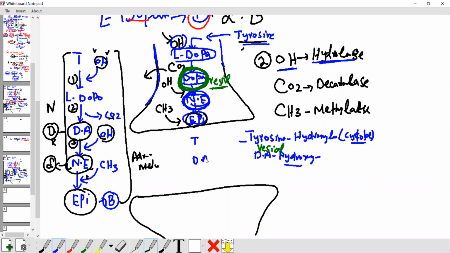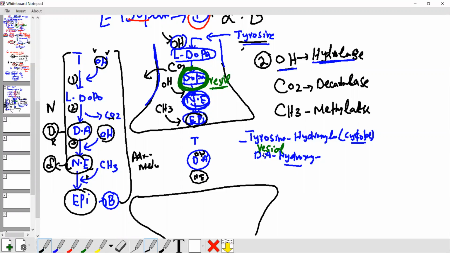This dopamine is inside the vesicle. Inside the vesicle you add another OH, then it changes to norepinephrine. Sometimes the examiner asks this question: one hydroxylase in the cytoplasm, one hydroxylase in the vesicle.